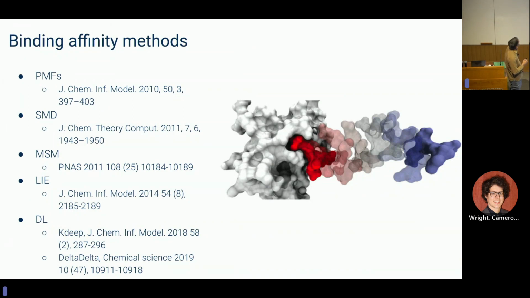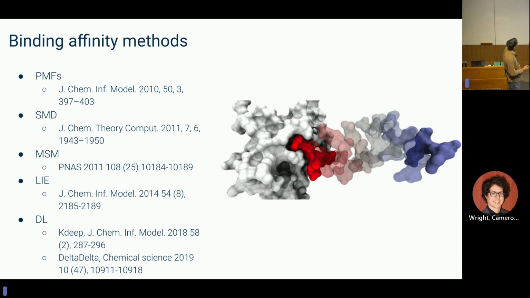We looked at whether you could do something faster with steered MD, both one way and with Crooks formula. Again, the convergence wasn't super strong, but we could get something. We worked a lot on Markov state models that will give you a full reconstruction of everything, including the binding affinity.